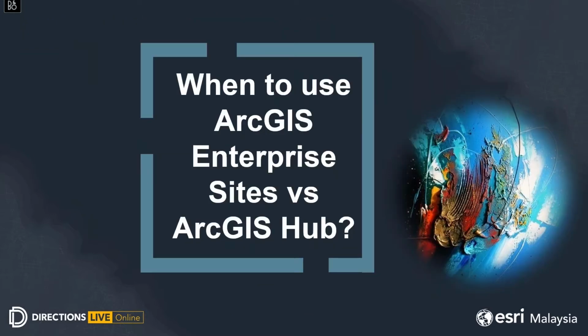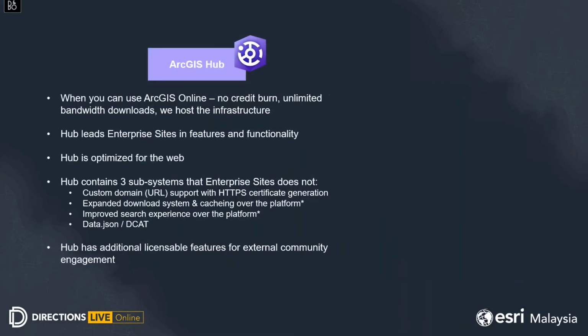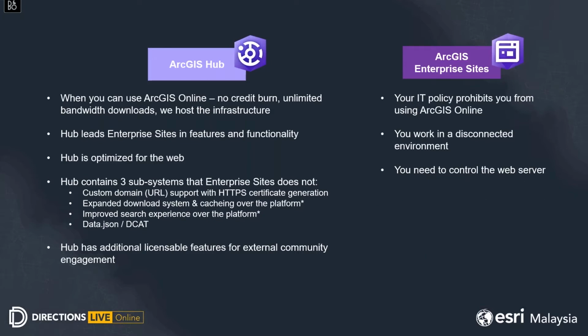So the normal question that users ask is when to use the enterprise site and when to use ArcGIS Hub. So let us see the conditions. Hub is great when you can use ArcGIS Online, because there's no credit burning and not much consumption when people use the site frequently, because Esri manages it on the cloud platform.